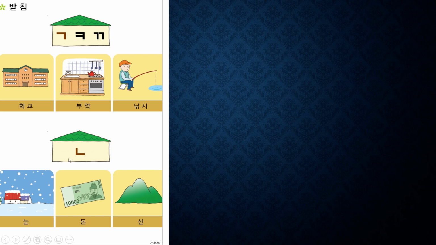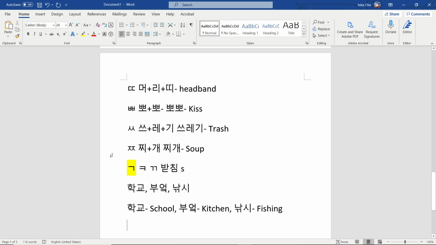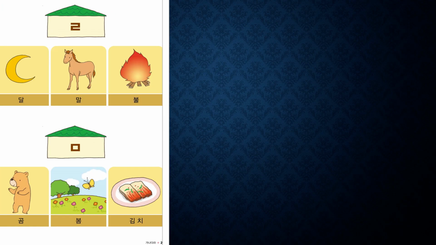All right, let's look at 니은. 니은 as a family is just by itself. 니은 is pronounced the same as its 자음 counterpart, 니은 as a 받침 or 자음. They're the same. They're just pronounced the same. So very easy.